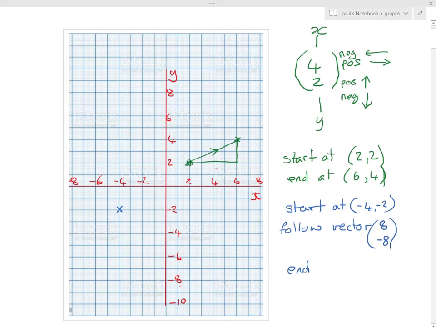So the first one is the x, that's a positive number. So we go 8 to the right. 2, 4, 6, 8. And the next one is the y, is -8. So we go 8 down. So we go 2, 4, 6, 8. So that's where we end up.